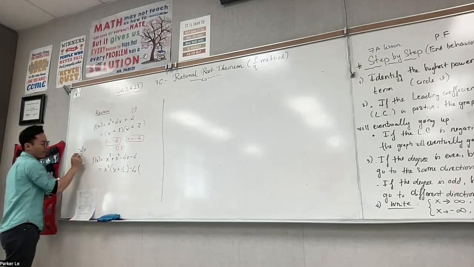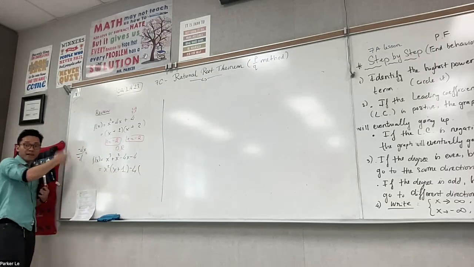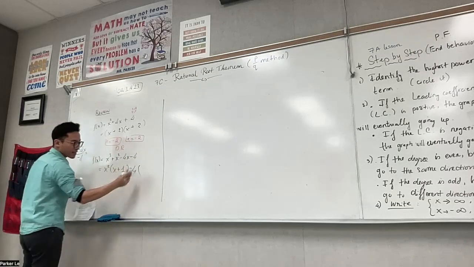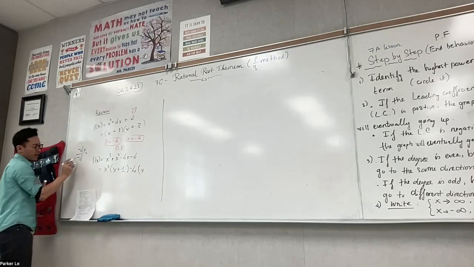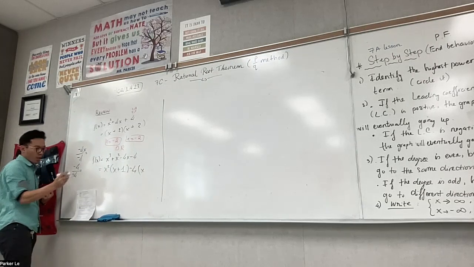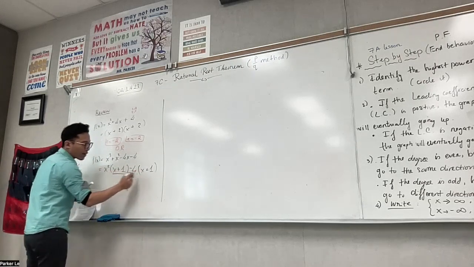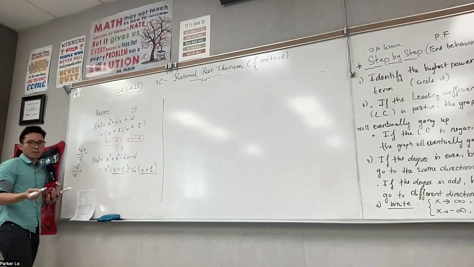You took out -4. What do you have left? That means you divided. So you have x left. And -4, you took out -4, what do you have left? 1, because you divided. Very good. Positive 1. Now I have a common factor, which is x plus 1.